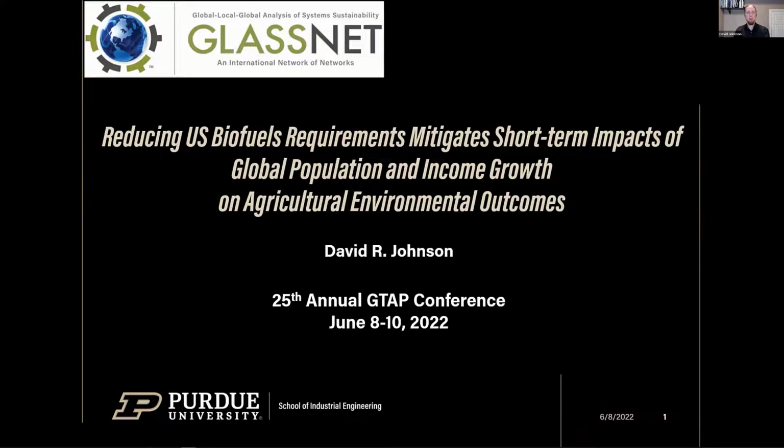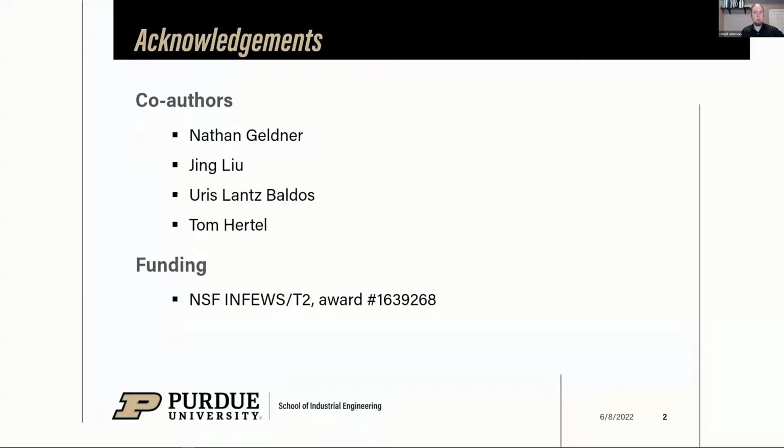And we'll be looking at the potential for reducing US biofuels requirements in order to mitigate short-term stressors from population and income growth over the next decade on some of the different environmental outcomes that have been discussed in previous presentations.